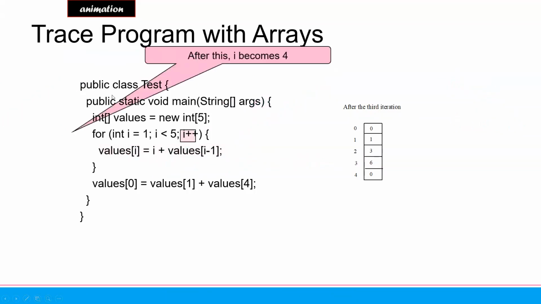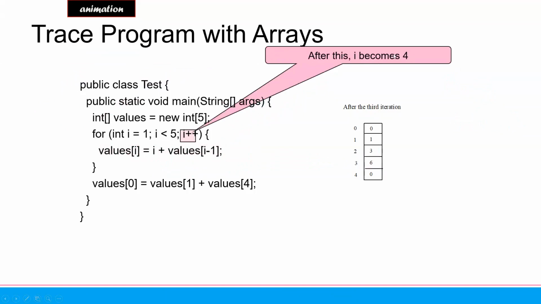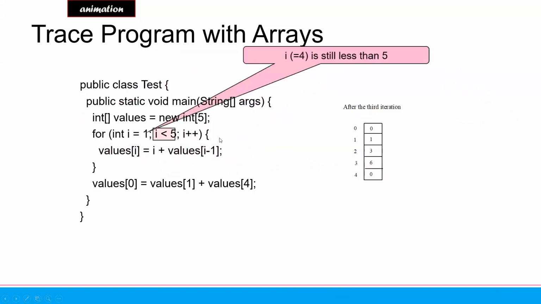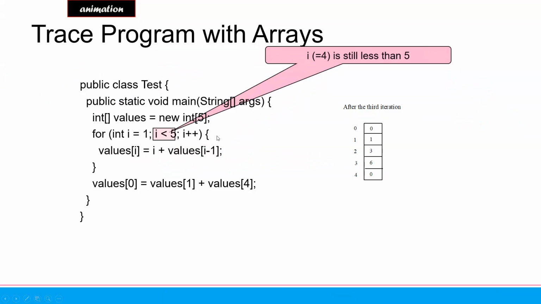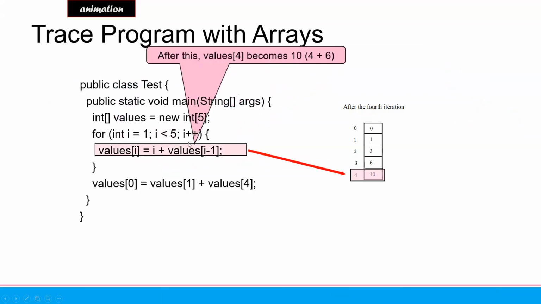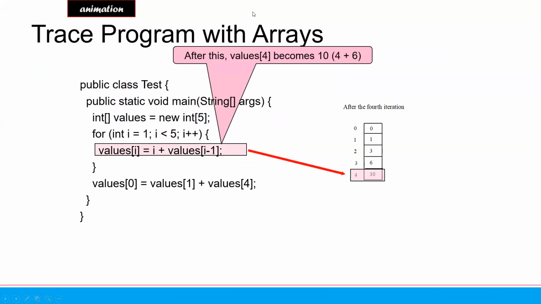And then i will be added by 1. Now i becomes 4. And then 4 is still less than 5. We will do again. i is 4, and then I will do the values in index 4: 4 plus the values in i minus 1. i minus 1 means 3.